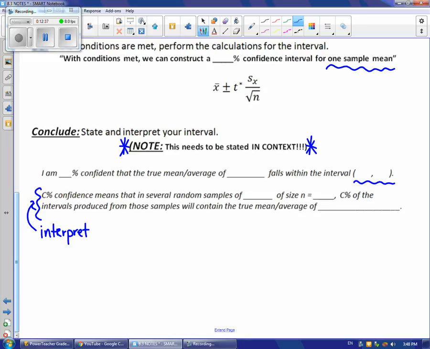Okay, 90% confidence means that in several random samples of whatever you're talking about, of whatever your sample size is, 90% of the intervals produced from those samples will contain the true mean or average of your context. Okay, and 90% was just an example.